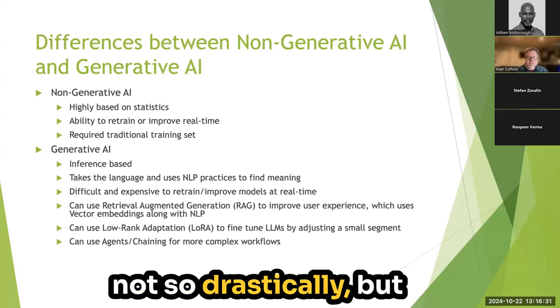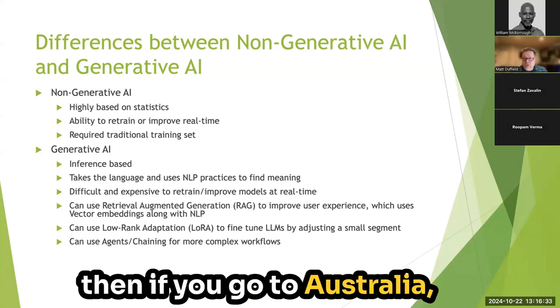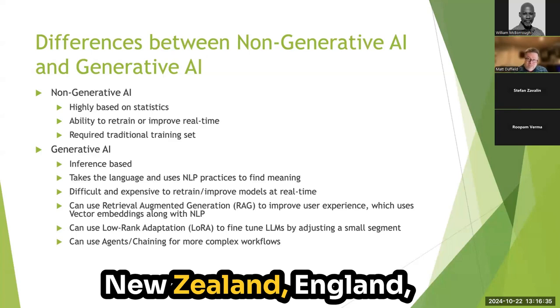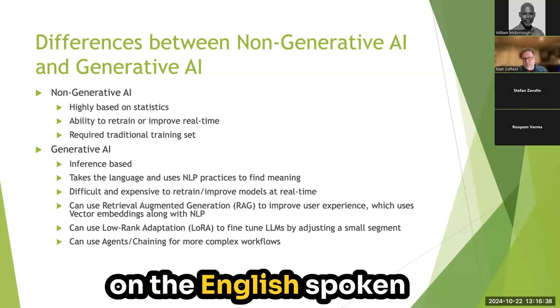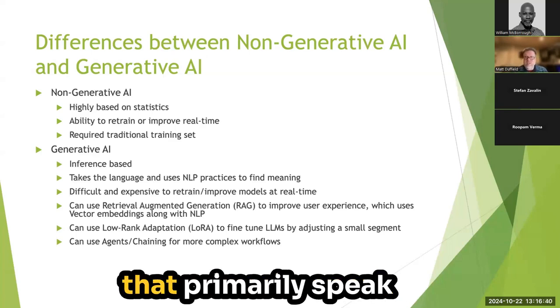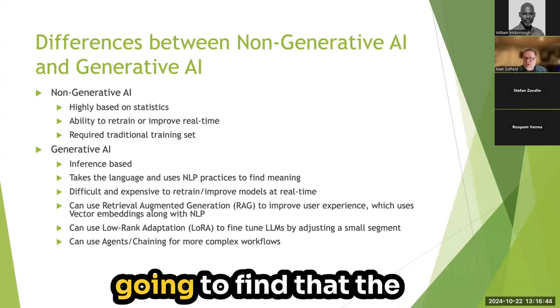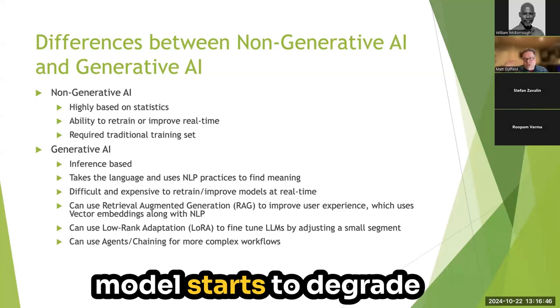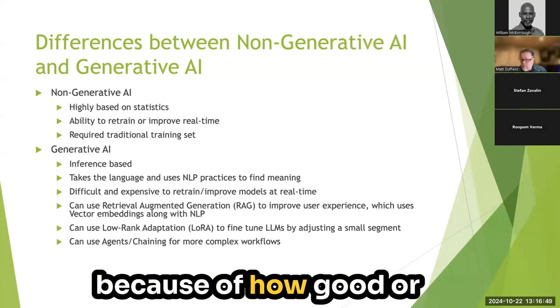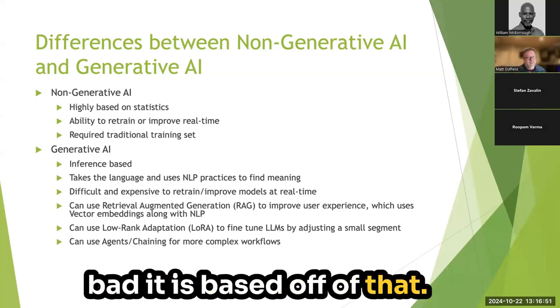And not so drastically, but then if you go to Australia, New Zealand, England, South Africa, and I'm only focusing on English-speaking countries, you're going to find that the model starts to degrade because of how good or bad it is based off of that.